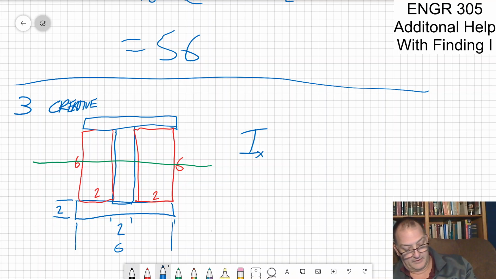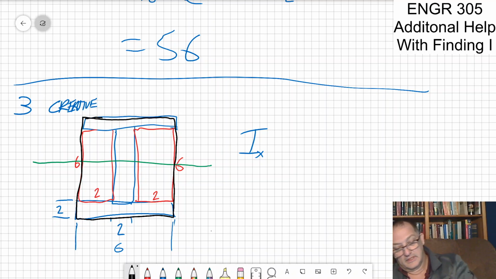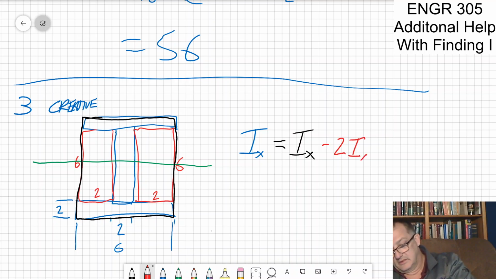See this black zone? It is equal to IX minus 2 times I of that X, which is just this. So this is just IX for the red. We're just going to use one of them. If I calculate that, then the other one's just the same. And this makes this problem really easy.